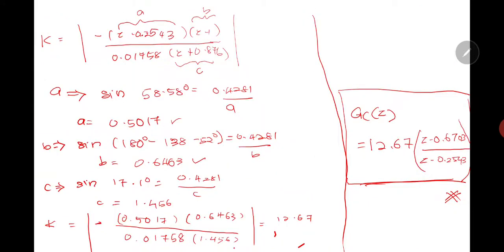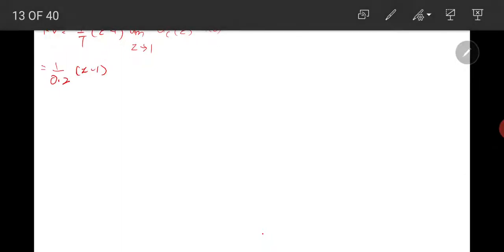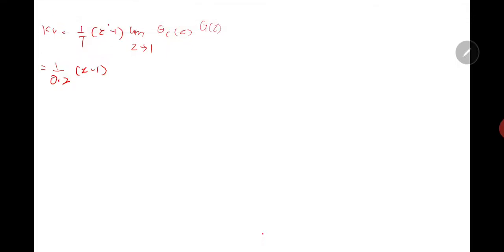If you remember from chapter 6, we have the equation for KV. KV is equivalent to 1 over T, the limit of Z minus 1, since we have digital control now, we multiply GC of Z and G of Z, as Z approaches 1. T is 0.2.